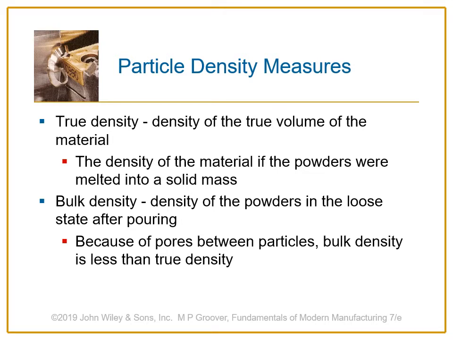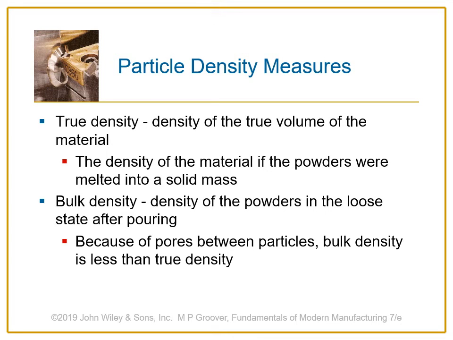Packing characteristics depend on two types of density measurement. The first one is the true density, which is the density of the true volume of the material, and we measure that type of density when the powder is melted into a solid mass. The other type of density, the bulk density, is measured when the powder is in the loose state after pouring.